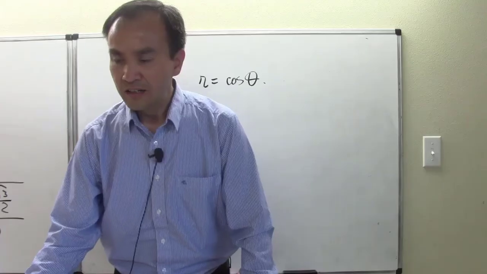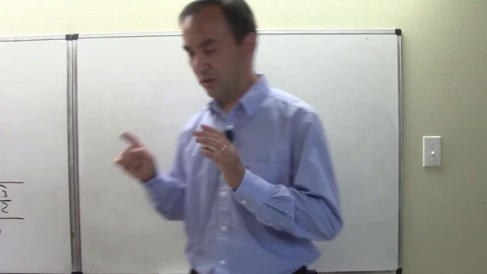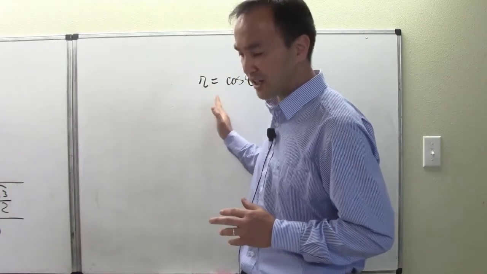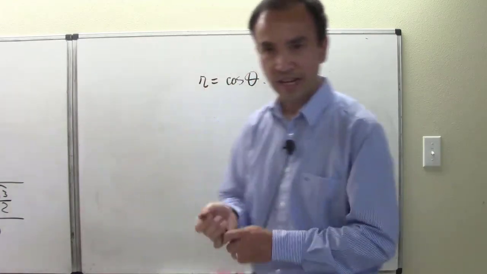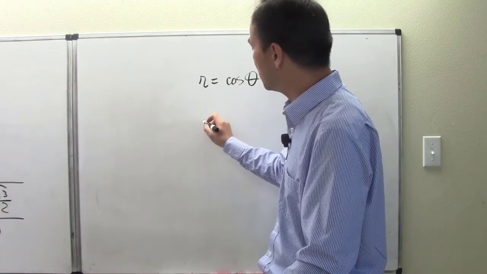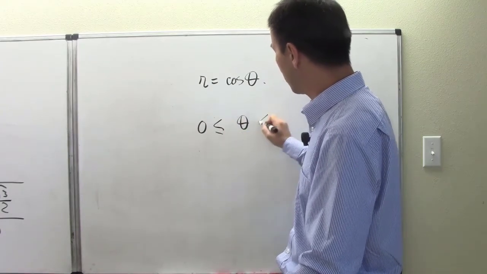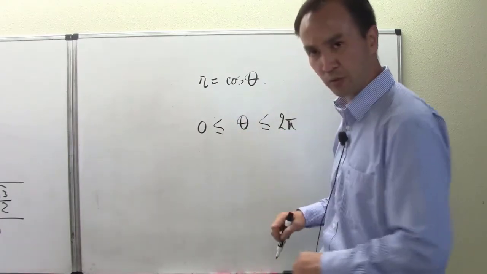There are even other cases where your function is even more complicated. By default, I set this with that Desmos template right here. Pretty much by default, we always change the angle theta from 0 to 2 pi. That's one complete rotation.